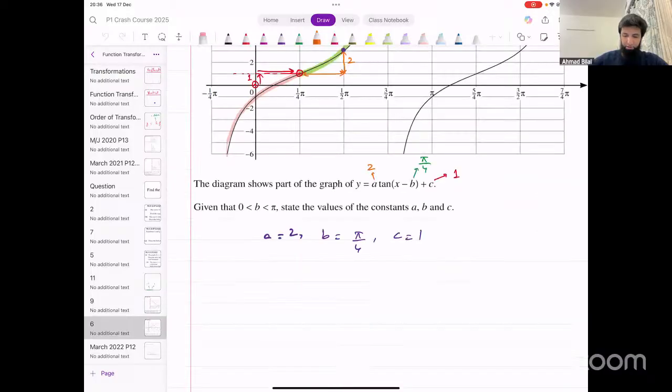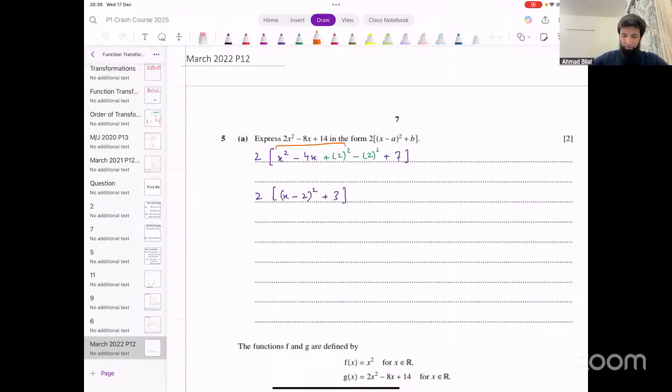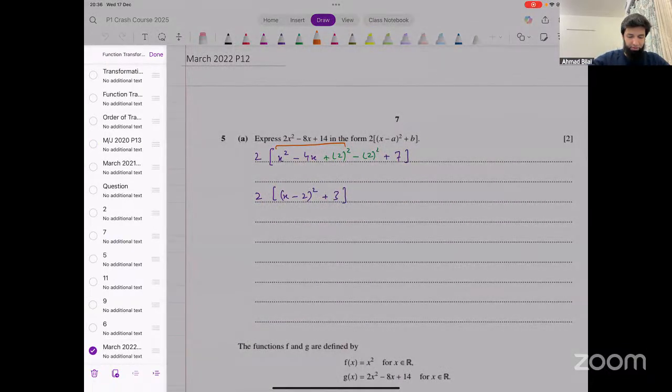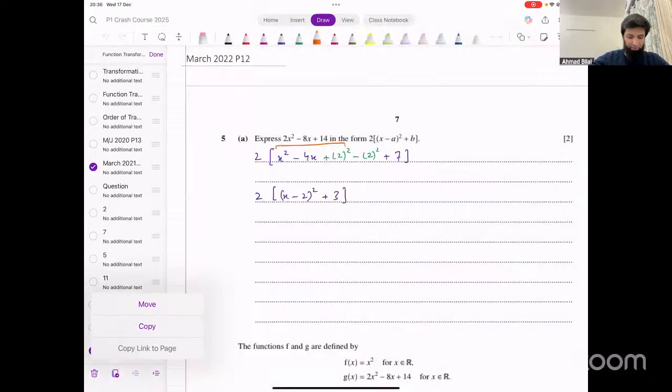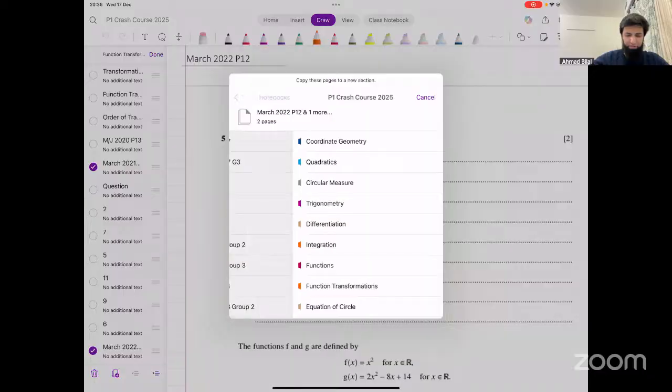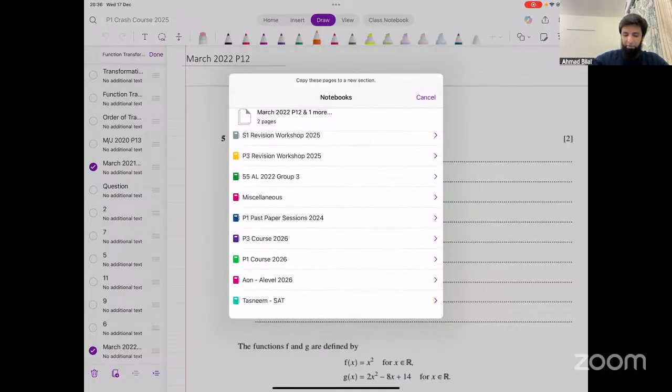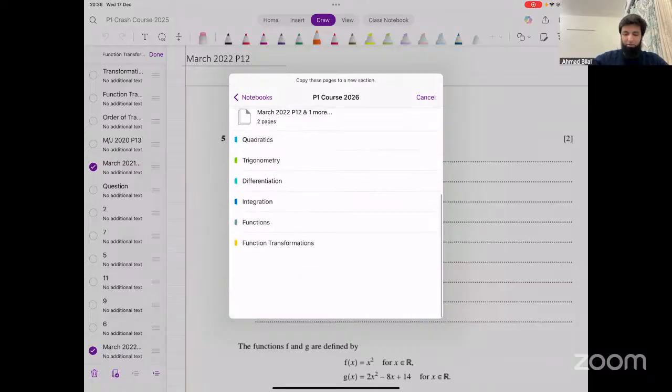This we've already done as well. This as well. Yeah. So these two questions, please make sure that you attempt these as well if you haven't already. These are from March papers. For some reason, they're not in that worksheet. I've added them to the notes.